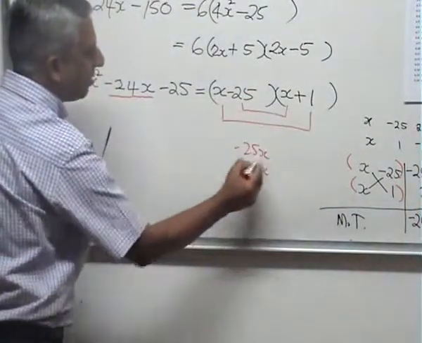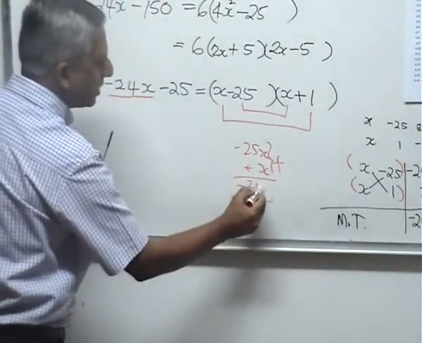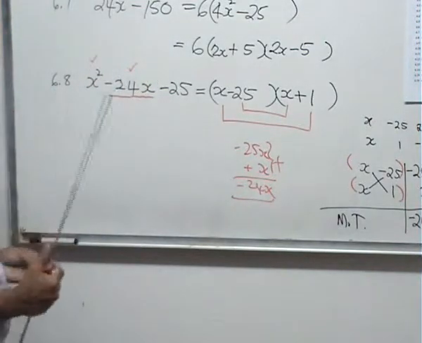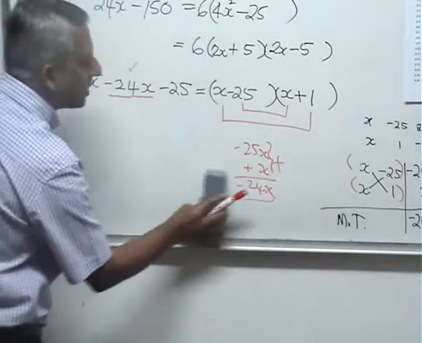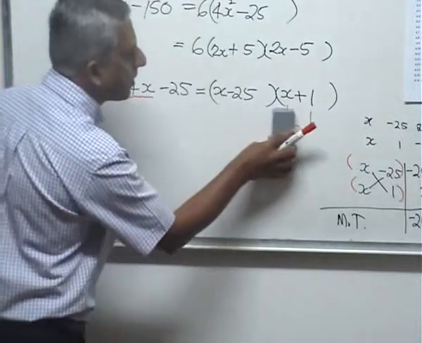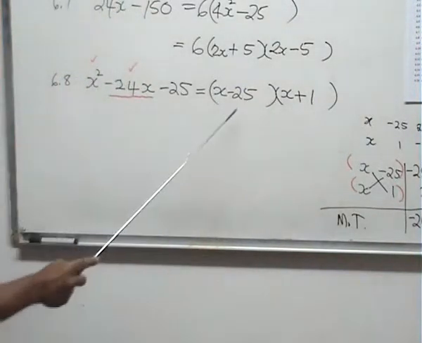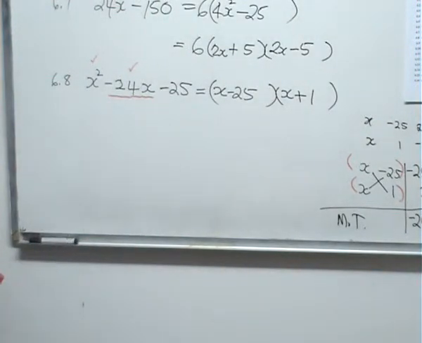Add it up, you're getting minus 24x. So we tested that. It's very important to test like that, and you can always do this on one side. We finish that test, and the final test, 25 times minus 1 is minus 25. So that's your answer for 6.8.